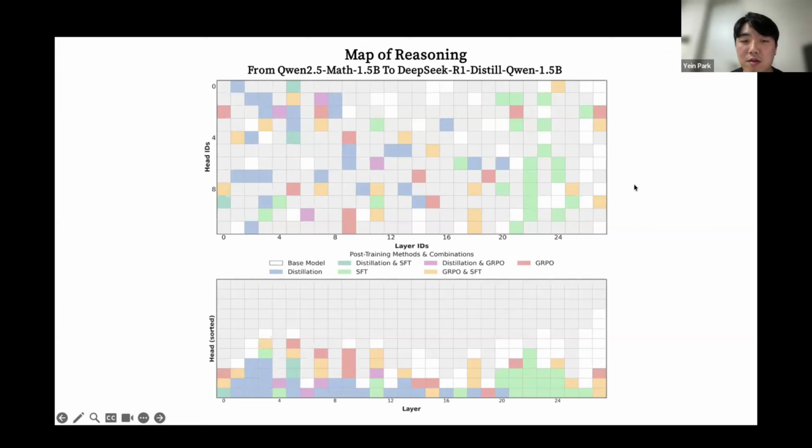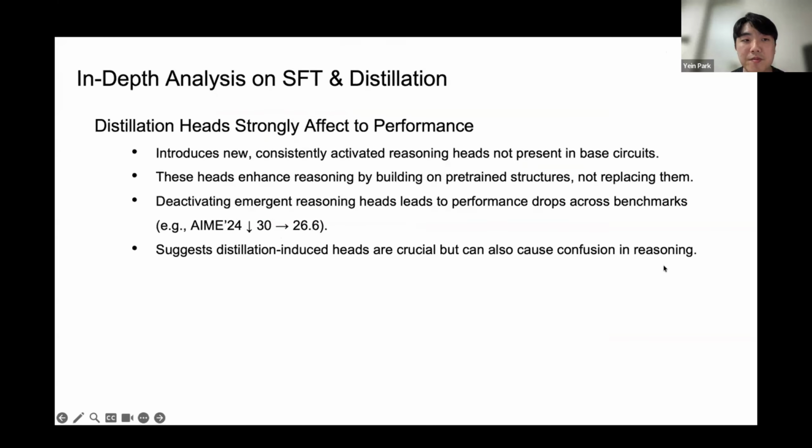And if you don't have more questions, then I will go through the next pages. So we do some in-depth analysis on SFT and distillation. Distillation heads are strongly effective to performance, as they induce new consistently activated reasoning heads that are not present in base circuits.